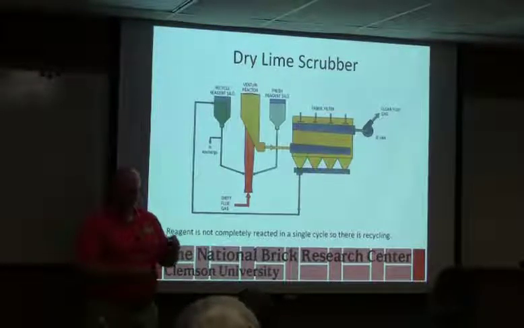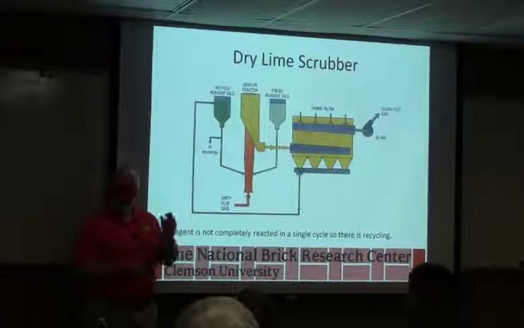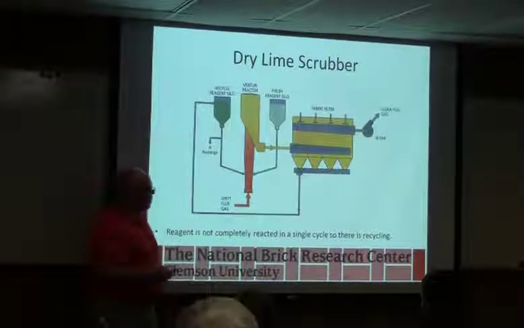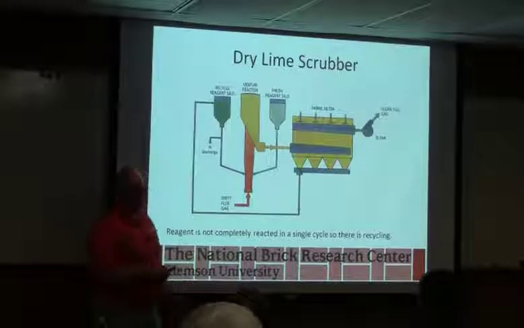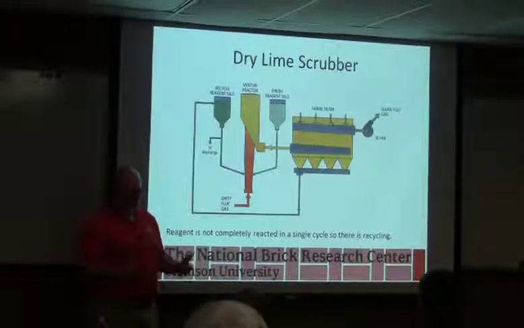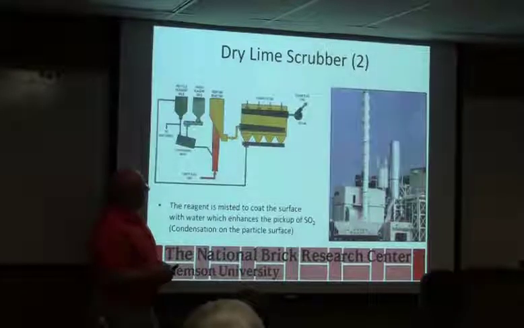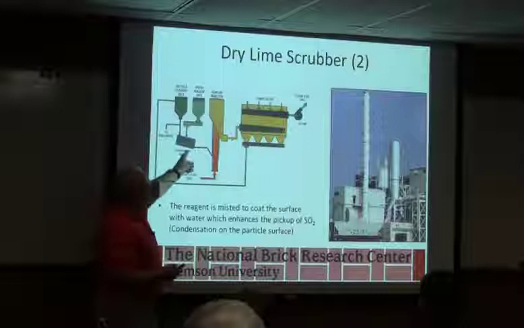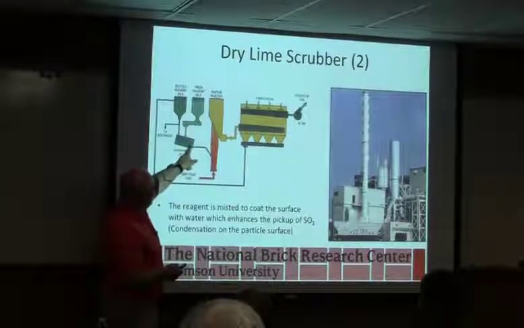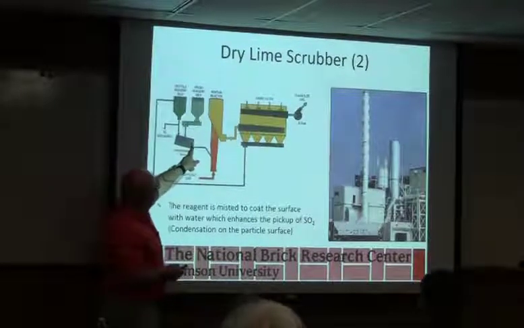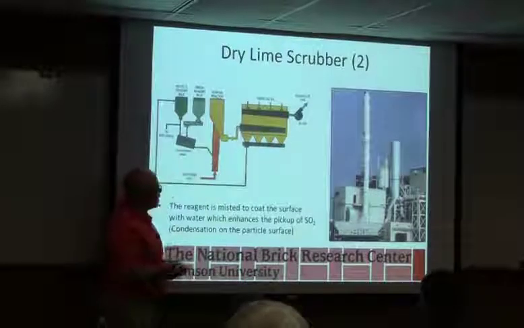Periodically you have to knock the bags and clean them. You lose a lot of efficiency until that cake builds back up. But forcing the gas through that cake, even though it takes energy to do that, usually helps improve the efficiency of those things. They're different designs. This is one with a conditioning drum where you might wet the reagent before it goes in and you get that reaction.